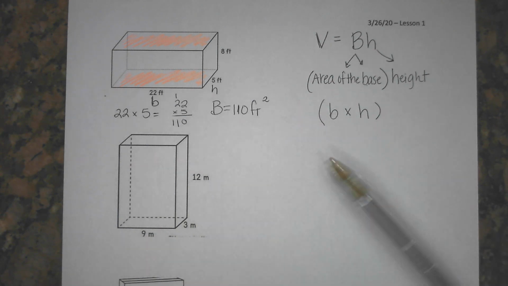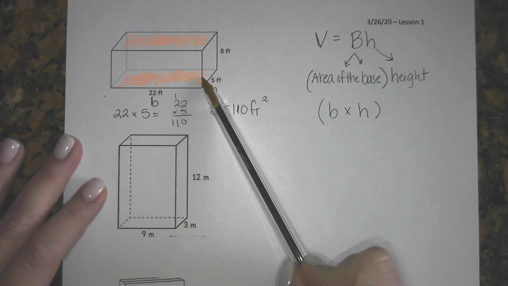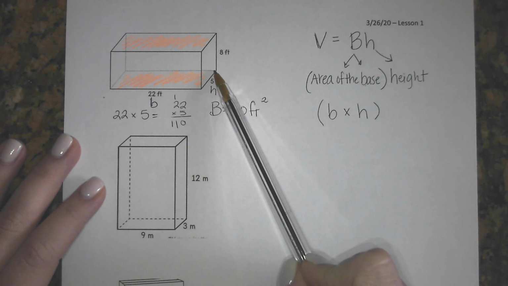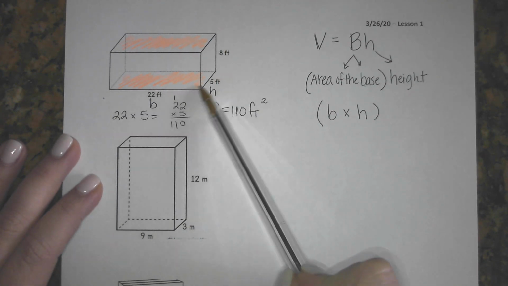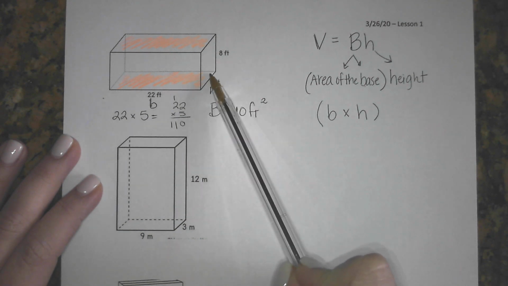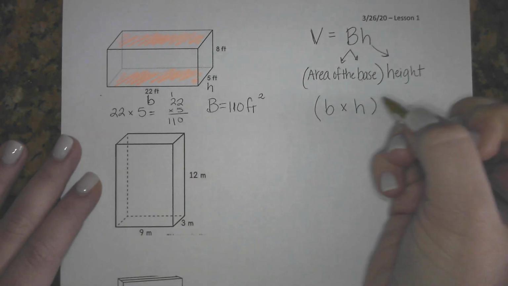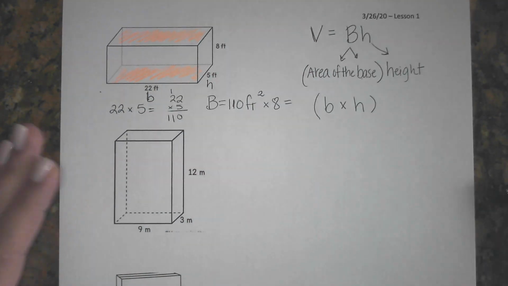Remember that you have one layer, that's your base, but it's a 3D problem. It's not a flat picture anymore. You have that third element, which is called the height. So we want to do 110 times how many layers, or times our height, which is 8.